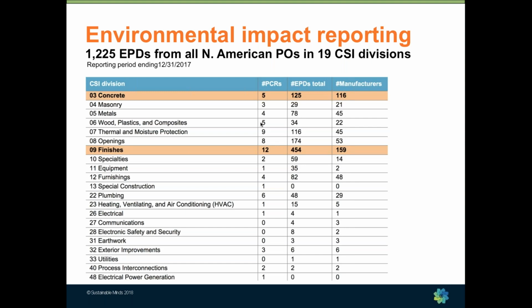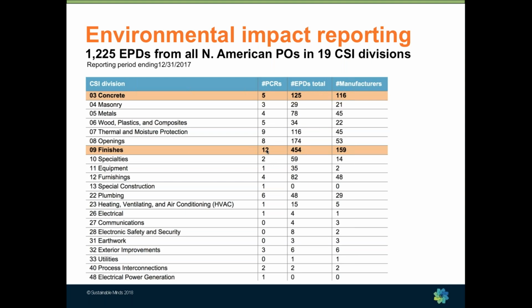It turned out there were EPDs in 19 CSI divisions, and it's not surprising that there's more activity in concrete and in finishes. Concrete requires EPDs for every mix, so there are many of those. And finishes is a pretty broad category. You've got flooring and paints and coatings.